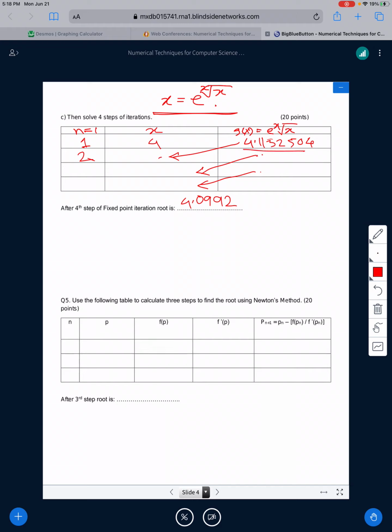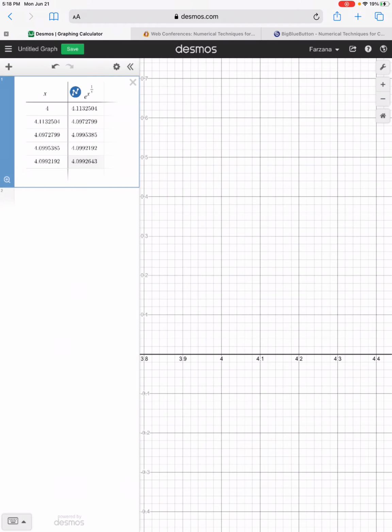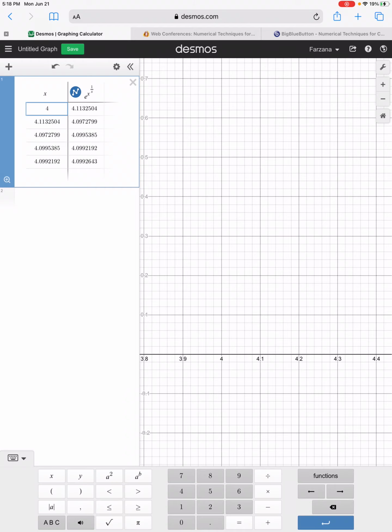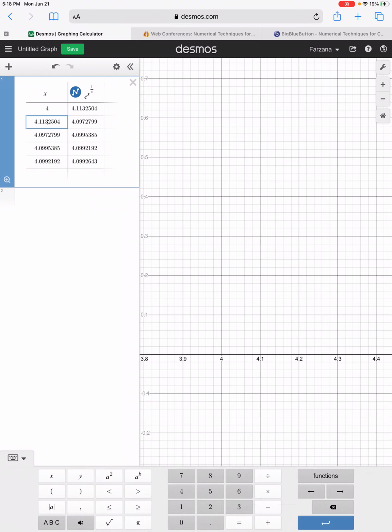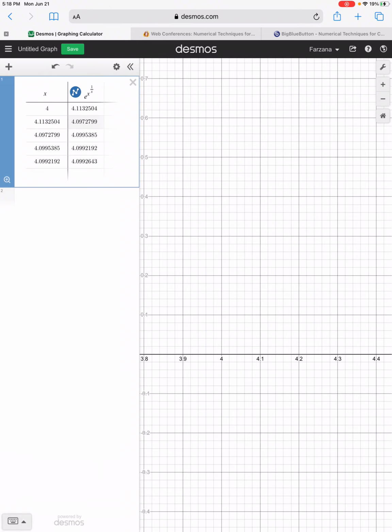Then in the next step you replace x by the new value, calculating another value, and so on. So if you go to the calculator, I used x equal to 4, calculated the new value, then we use this new value to calculate another new value, and so on. Okay, so after the fourth step our root is 4.0992643. Okay, so I'm stopping this video here, and then we are going to Newton's method in the next one.